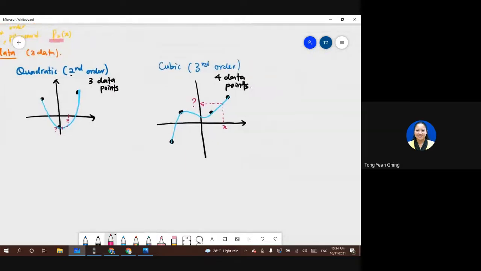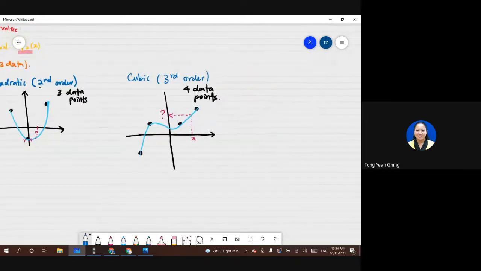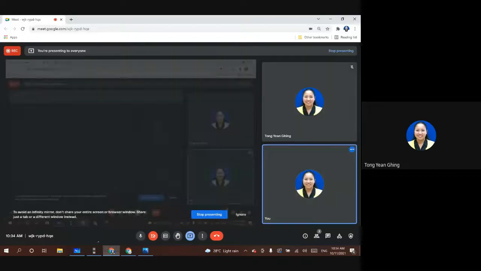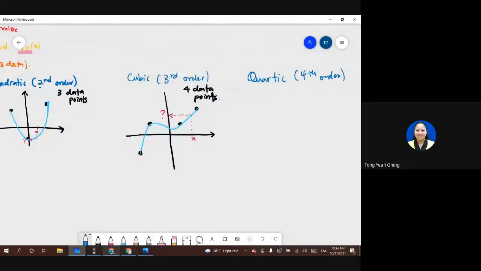Then maybe another one is a quartic, that is the fourth order. That means we have 5 data points.